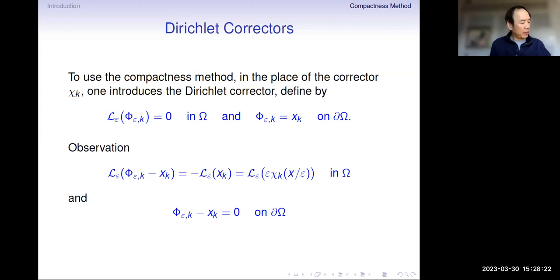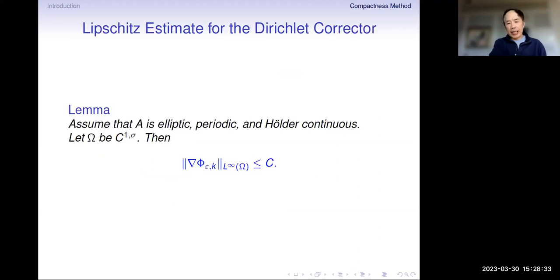So this Dirichlet corrector replaces the corrector in the compactness argument. And the key estimate is to prove the Dirichlet corrector satisfies the Lipschitz estimate first, before you prove the general Lipschitz estimate for general solutions.